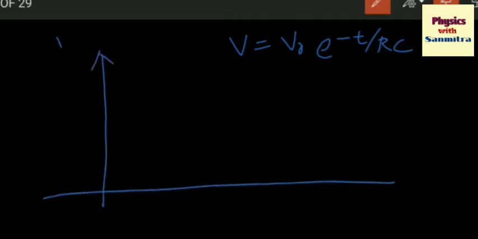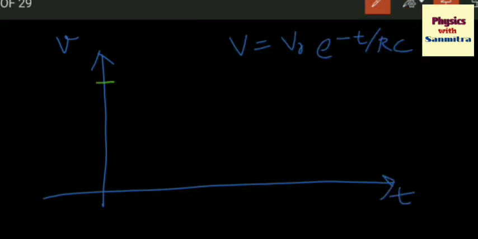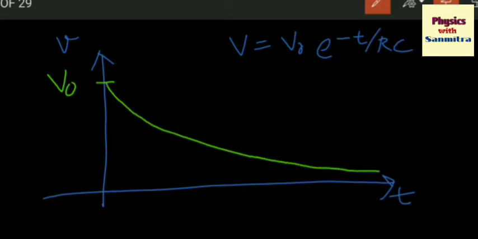This is say V and this is say T. Now at T is equal to 0, just mathematically, we will get the initial voltage, that is V naught. Now it is decaying in this fashion, e to the power minus T by RC, like this. See, e to the power x curve is like this, e to the power minus x is like this, exactly this second one.